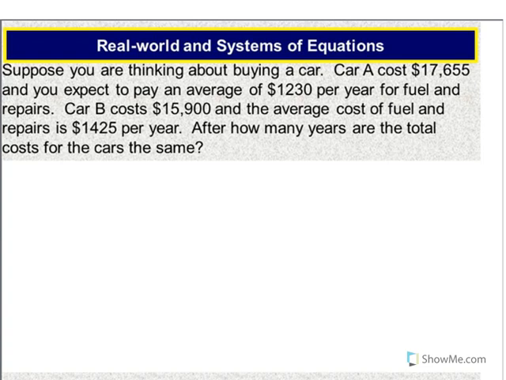So we can write two equations for this one. We can write an equation for car A, and we can write an equation for car B. The equation for car A would be y equals 1,230x plus 17,655, because the cost per year is 1,230, so that would be times x, plus a one-time fee of $17,655 for the car that you're buying.